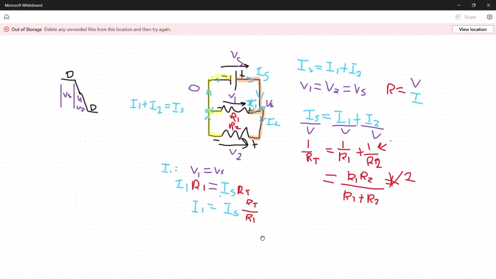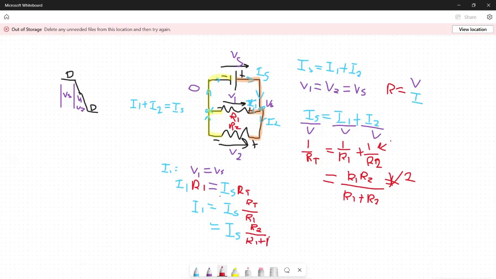Oh, one last thing is we do have another formula that we can use. I1 is equal to IS times R2 over R1 plus R2. This is one a lot of people use, and it does annoy me a bit.